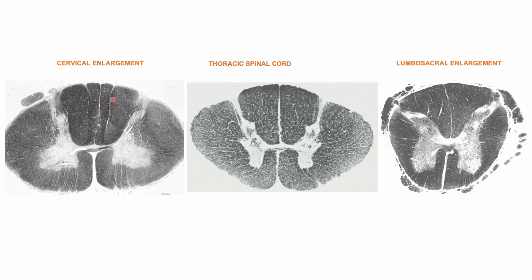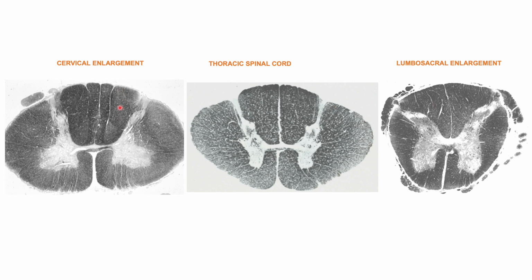When you look at this portion, the dorsal portion, or the posterior column, you can see the fasciculus cuneatus and fasciculus gracilis. But in the lower portion of the thoracic, especially below T6, you are going to have only fasciculus gracilis showing, and in the lumbosacral you have only fasciculus gracilis showing without fasciculus cuneatus.